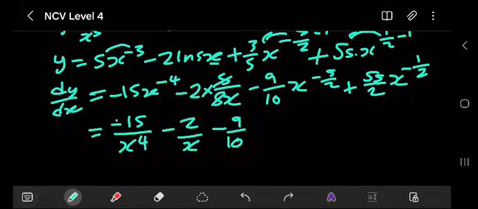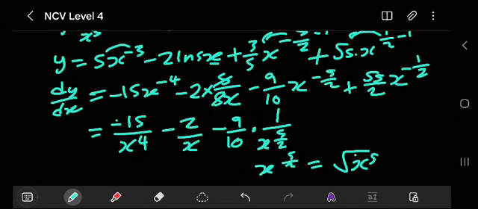That will be 1 over x to the power 5 over 2, right? But 5 over 2 is the same as, you use your root, square root of x raised to the power 5.